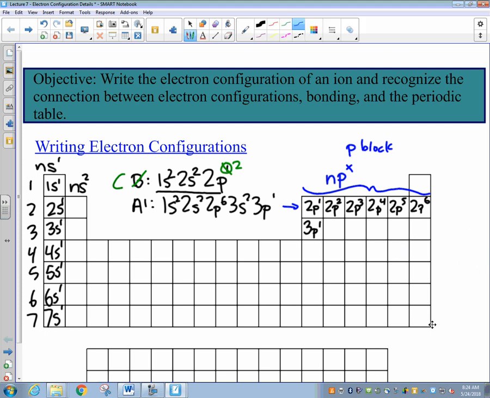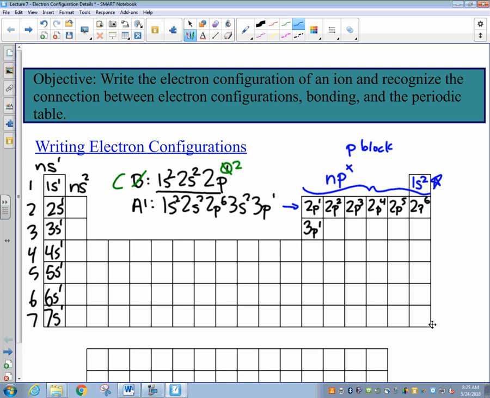Now there's one little outlier that we just hit upon right here, and that is this guy in the upper right-hand corner, helium. Helium, you recall, is not a p block element because in the first energy shell, there is only an s orbital present. So we're going to look at this position right here for helium. Helium gets a configuration of 1s2, which really means that it could logically belong, if you were shaping our periodic table this way, with the alkaline earth metals.